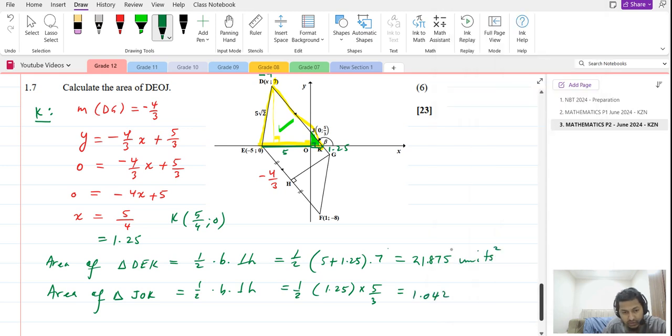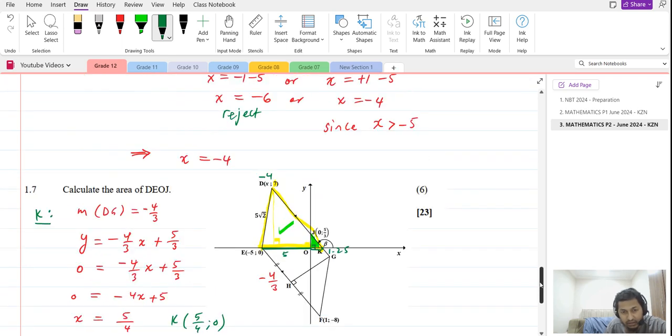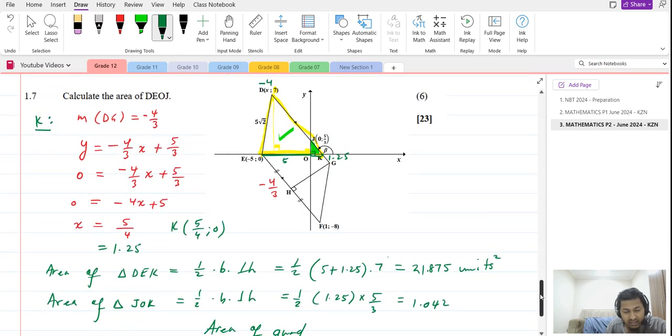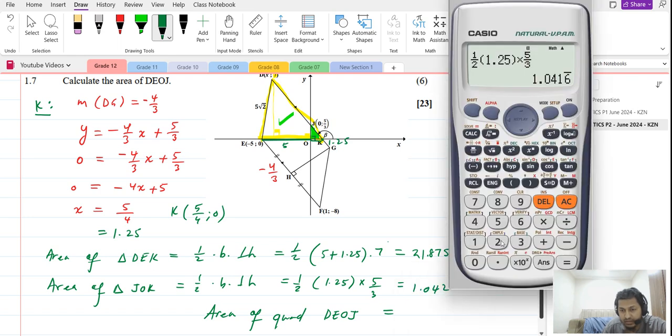So now we can subtract these two areas, because we need to remove this green triangle here. So the area of the quadrilateral DEOJ is 21.875 minus 1.042.